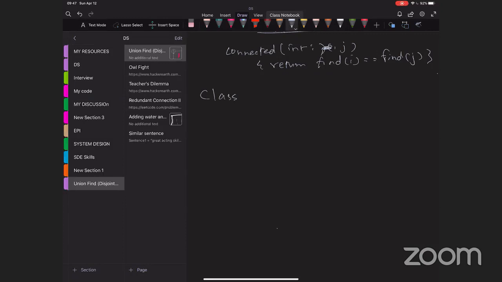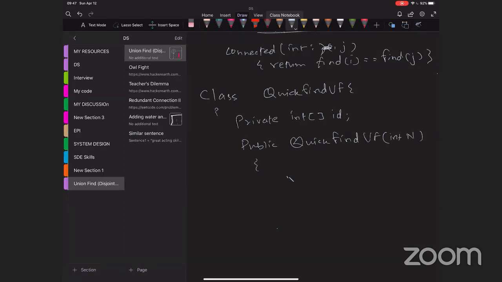So this is quick find. The class name I'm giving is QuickFindUF, and it has a private int array that we call ID. The constructor will always take an integer, which is how many components this data structure is going to have.